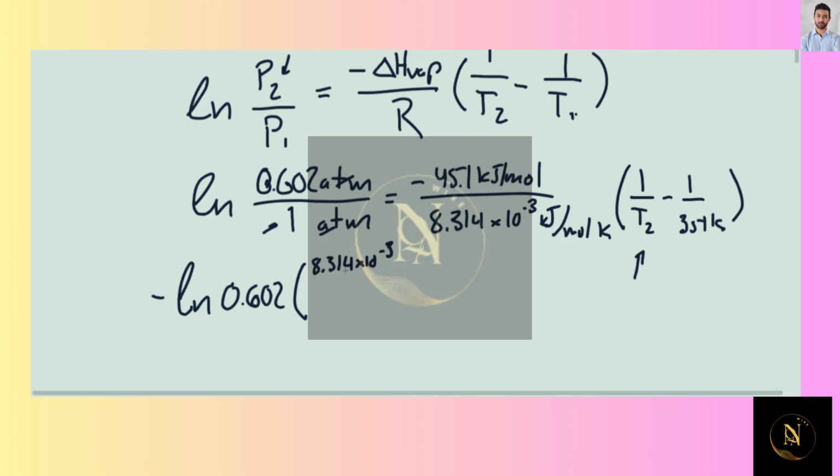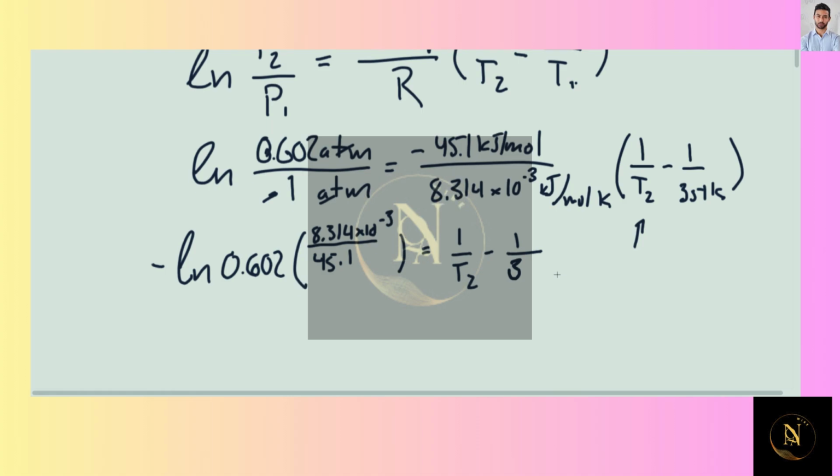The units are going to cancel except for Kelvin, over 45.1, and I put the negative out in front of the log if you're wondering where that went, is going to be equal to 1 over T2 minus 1 over 351 Kelvin. And we've got units of Kelvin left over here.